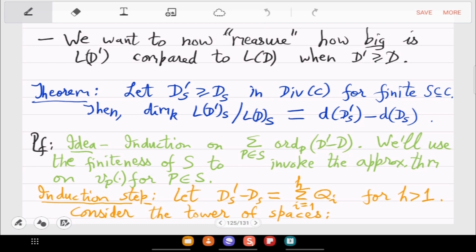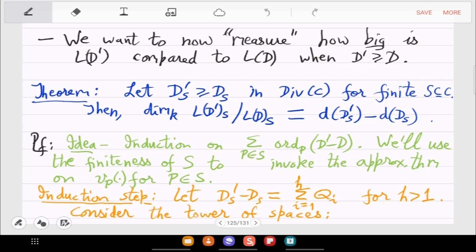We will basically look at the difference of D prime and D. It's a sum of qi's. Qi's are points on the curve. It is so because we have assumed D prime minus D is non-negative. So every point in the difference divisor has non-negative order. So we can write them as qi. Qi may be repeated; they may not be distinct.